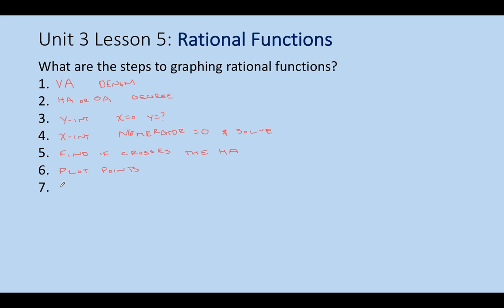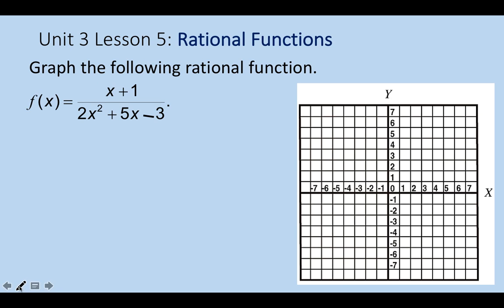And then step number 7, use your end behavior to fill in the graph. Okay, so we've got a number of different examples for you here, and so let's get to it.